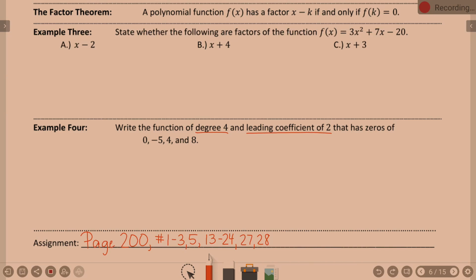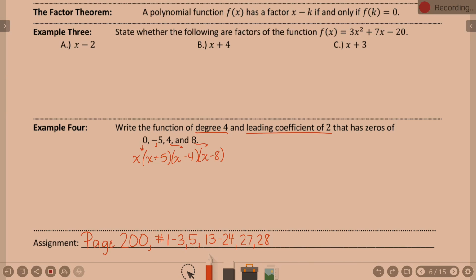And you just put a 2 on the front. Leading coefficient means you're going to have a 2. So what about the zeros? That's going to be an x minus 5, x plus 5, x minus 4, and x minus 8.